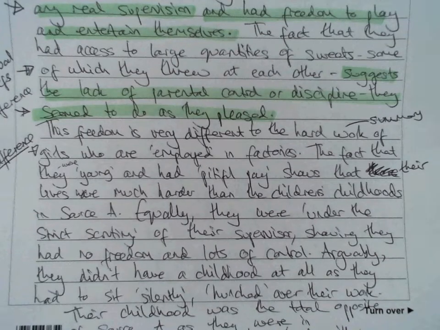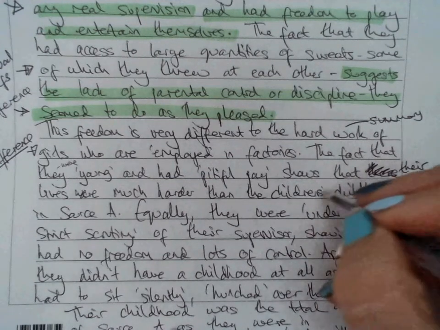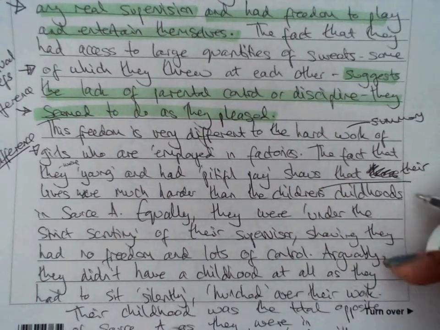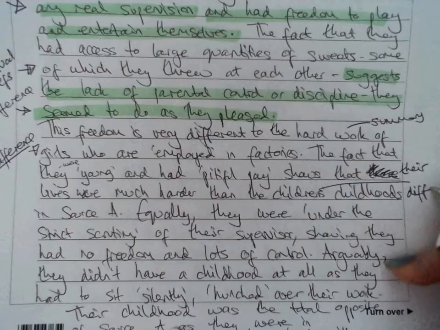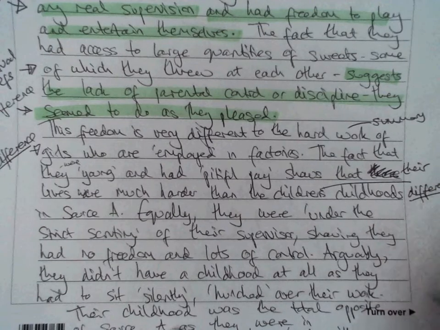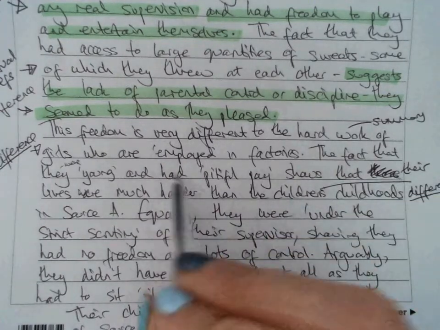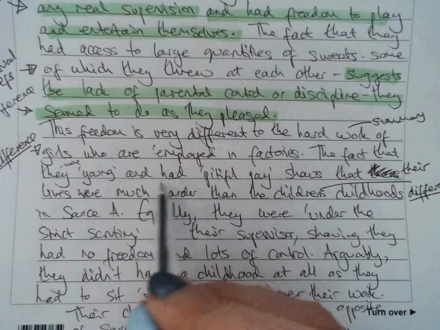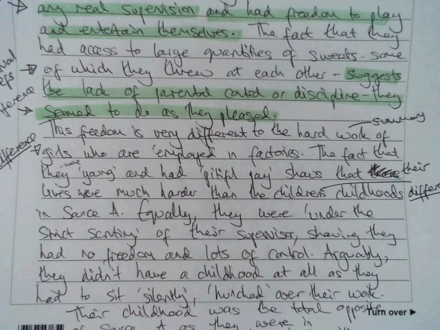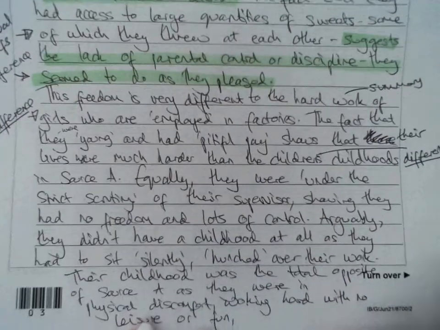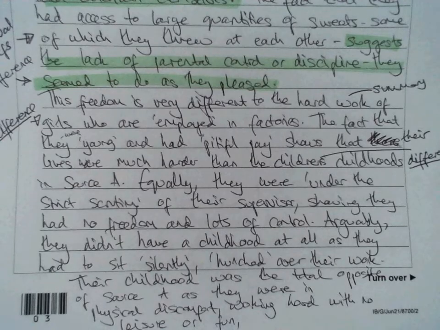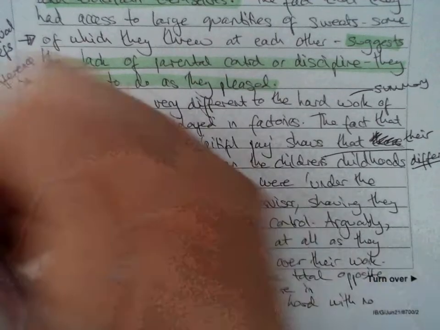Shows that their lives were much harder than the children's childhoods in source A. So again, what I've got here is this sense of another difference, and I'm also implying some stuff here. I'm inferring about their lives being hard. Equally, they were under the strict scrutiny of their supervisor.